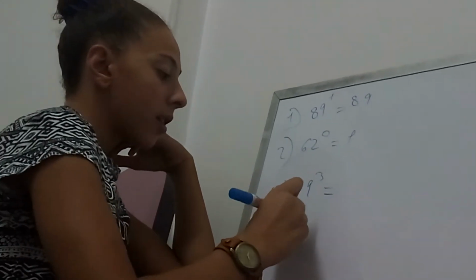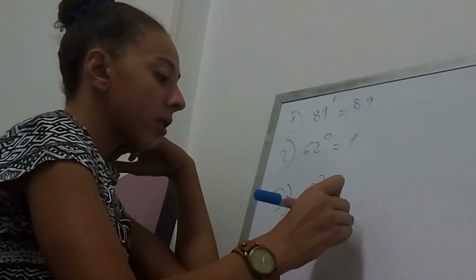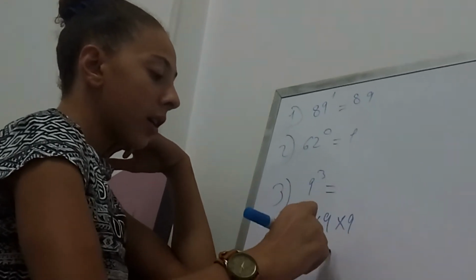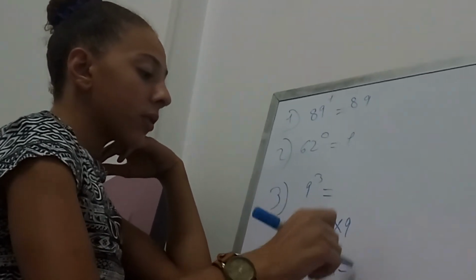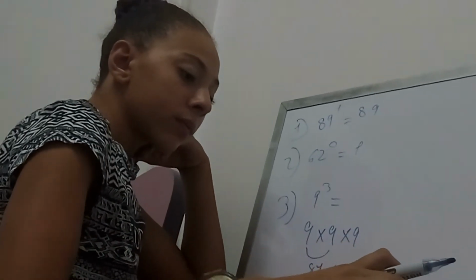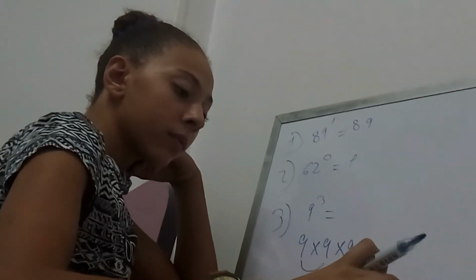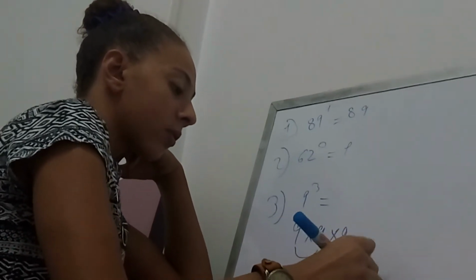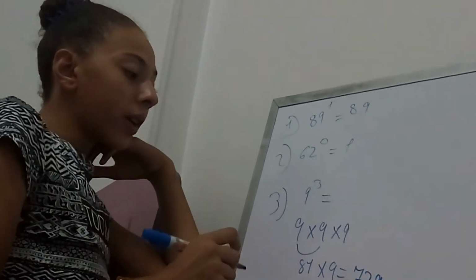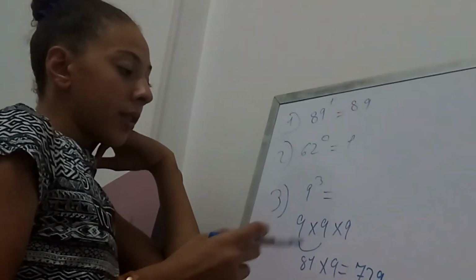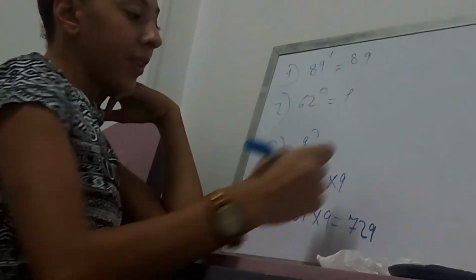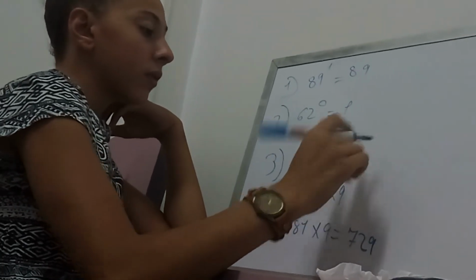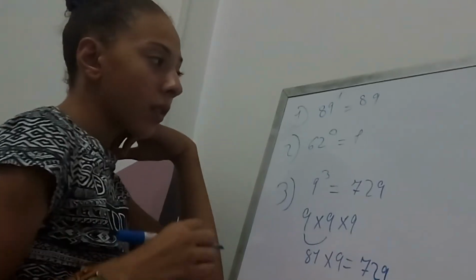So we'll do 9 times 9 times 9. Okay? 9 times 9 is 81. Times 9 equals 729. Okay, this is the answer. So when you get 9 power 3, the answer is 729.